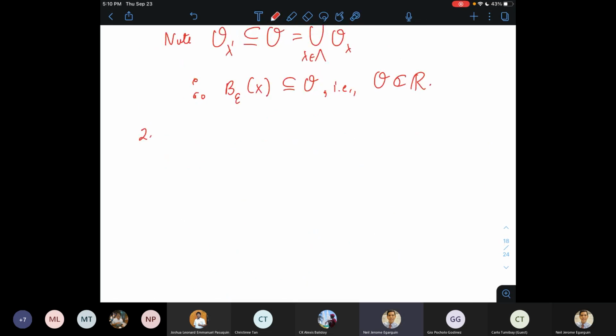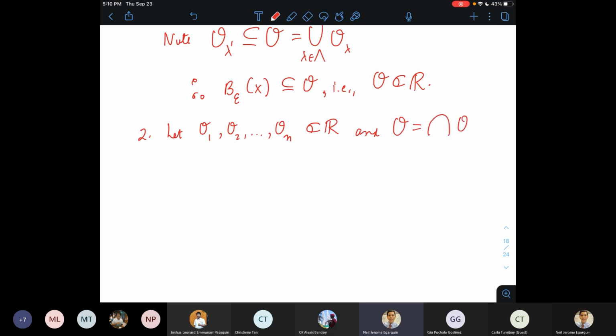So here probably I can say let O sub 1, O sub 2, until O sub n be open sets. Okay? Wala akong condition sa kanila, kundi sila ay finite listing lamang ng mga open sets in R. Okay? And I will denote by O their intersection.